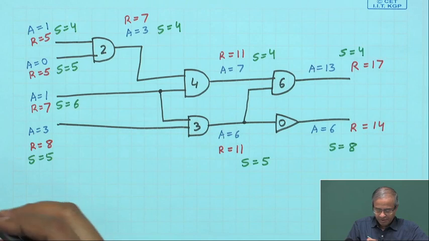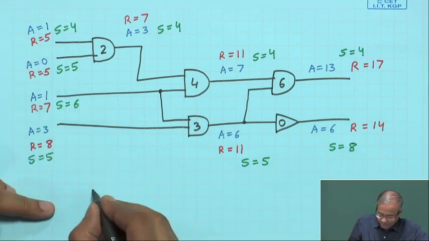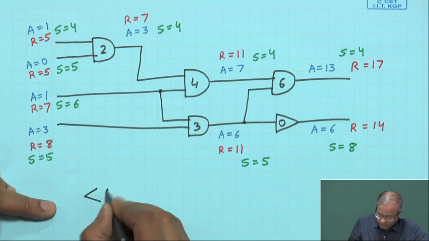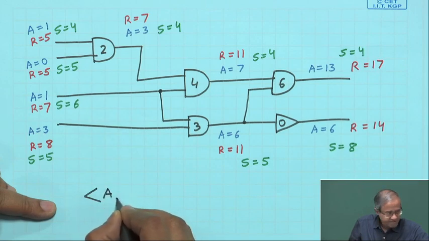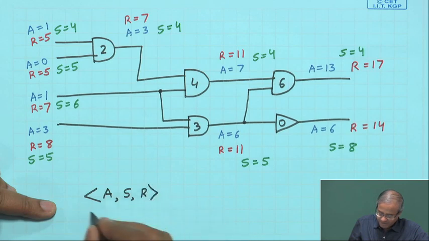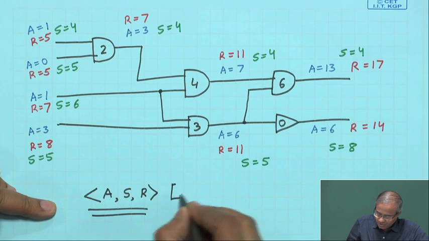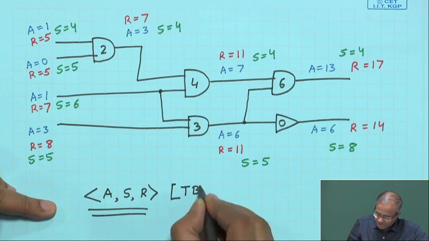Now we are representing these three values in the form of a tuple, where you show the actual arrival time first, then the slack, then the required arrival time. This is the notation we use, and within brackets we are showing the timing budget.